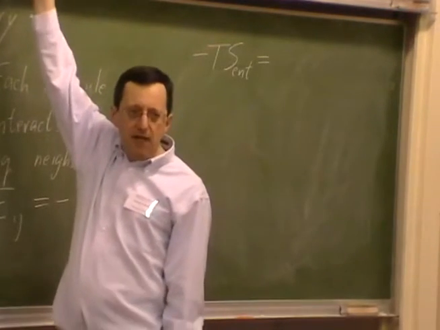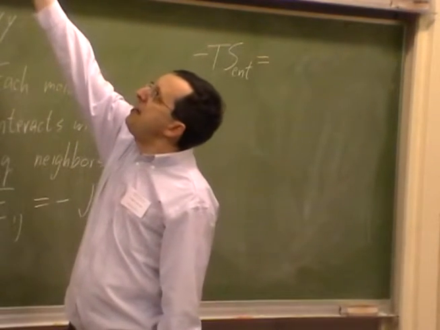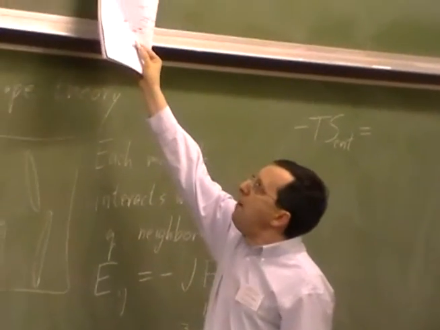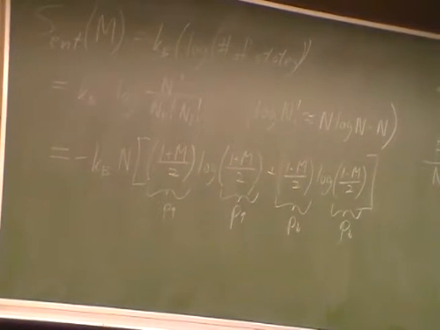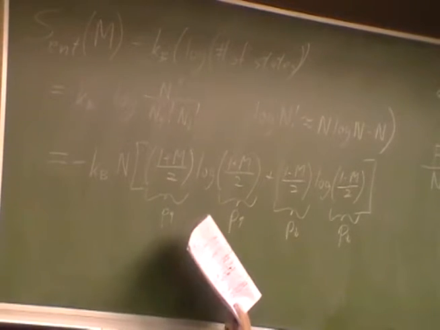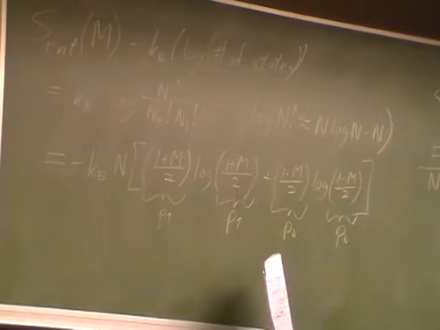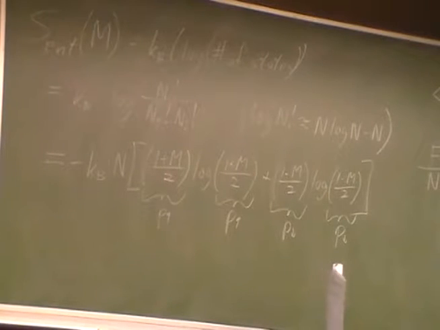For the Ising system, where there are two possible states for each molecule, up or down, the entropy is the sum of probability times the log of probability over these two states.